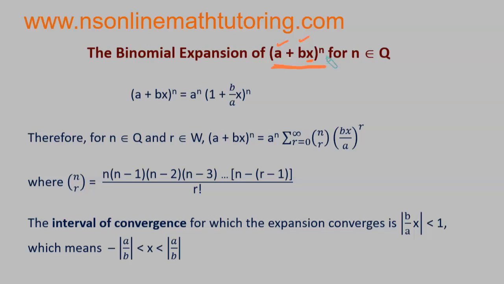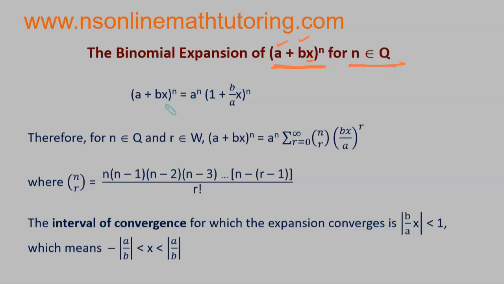You will not be having any such question in your IB math board examination or in your A-level math board examination. Therefore, we will be considering only binomial expressions where x will be present in one of the two terms, okay? And a and b are constants, and n belongs to the set of rational numbers, okay?